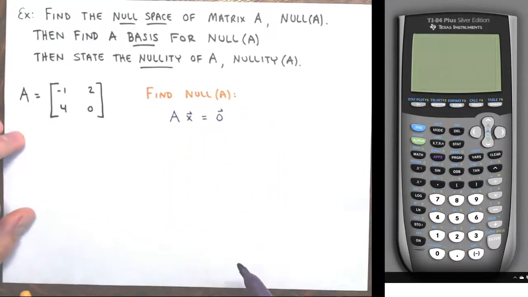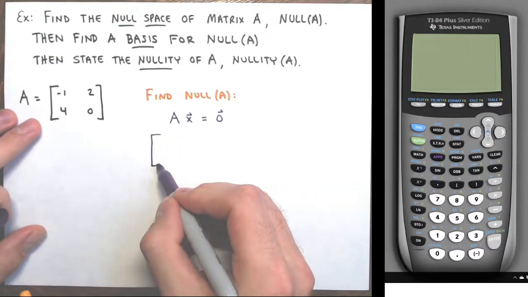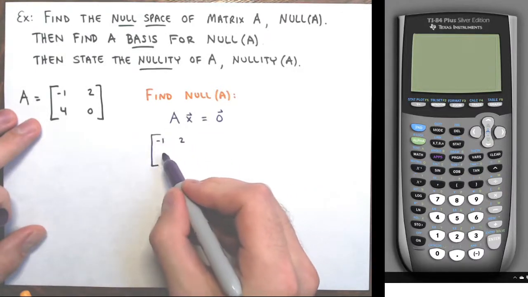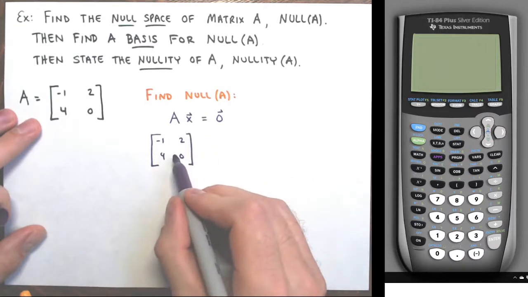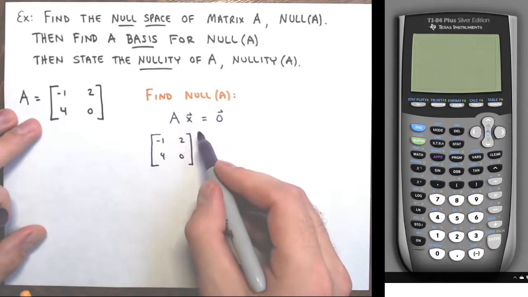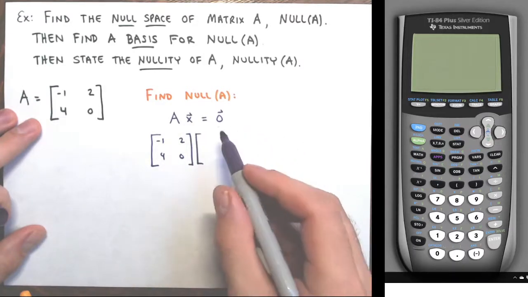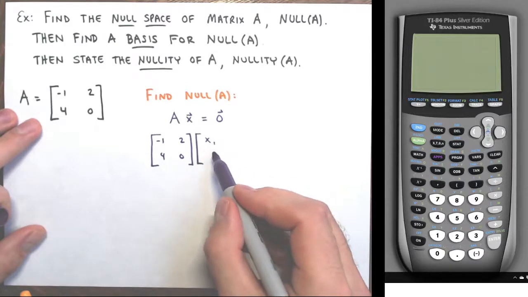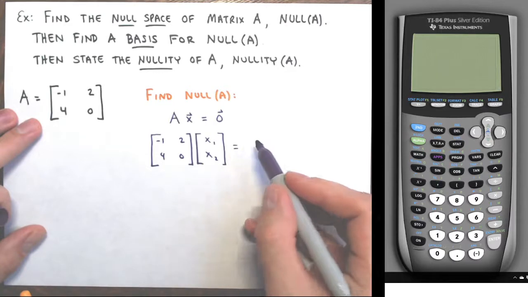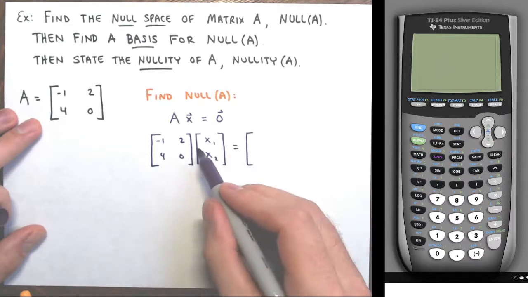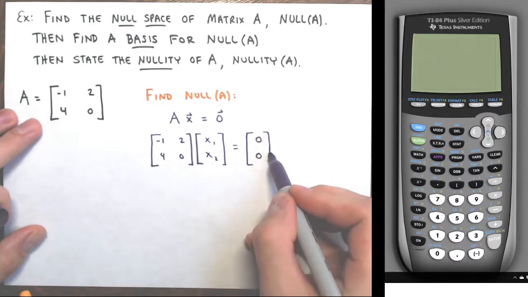Matrix A, I'll rewrite here, as negative 1, 2, 4, 0. This is a 2 by 2 matrix, so this column vector x is going to be a 2 by 1, with 2 components, say x1 and x2. The 2 by 2 times the 2 by 1 will be the 2 by 1 0 vector.